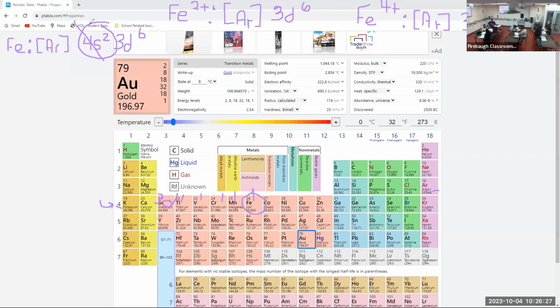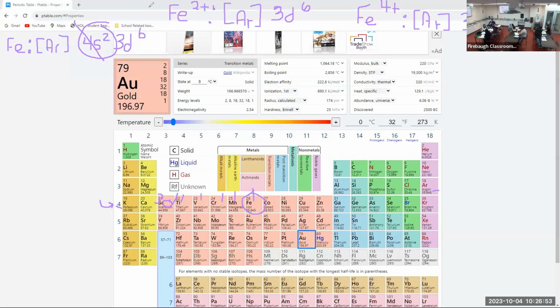So initially, Fe is 4s2 3d6, with 2 in the 4s and 6 in the 3d. When we take away electrons, we take away from the 4s first, and then we start taking away from the 3d.